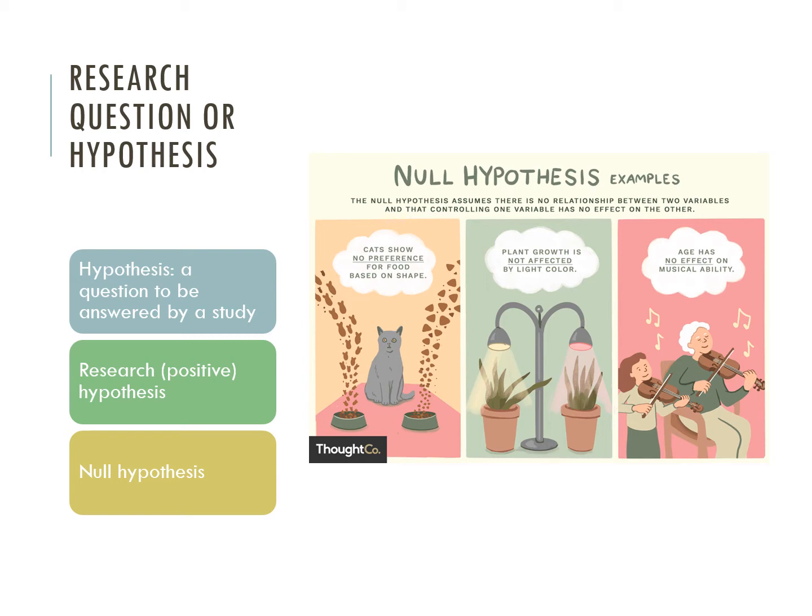And it's the opposite of whatever you think is going to happen. As researchers, we might say we think there's an association between cardiovascular disease and periodontal disease, but when we conduct research and collect data, we're trying to either accept that there is no association, or reject that there is no association.